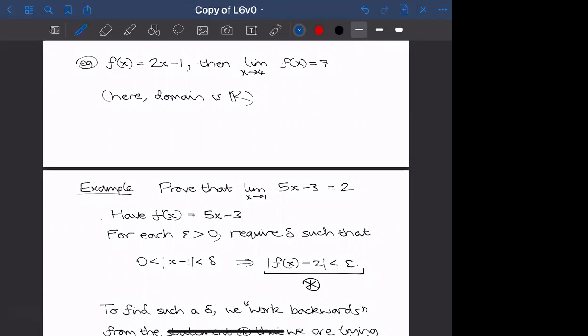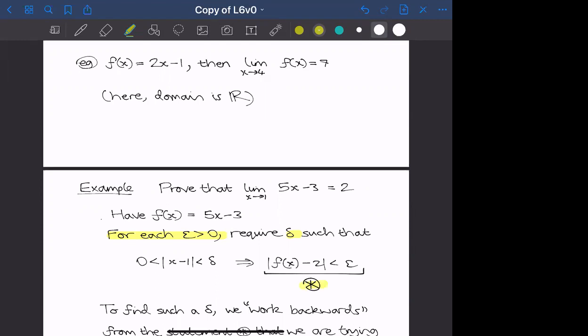That for each epsilon greater than 0, there exists some delta such that, for all these x's, when the distance of x from 1 is less than delta, but not 0, so close to 1, then the value of f(x) is close to 2.